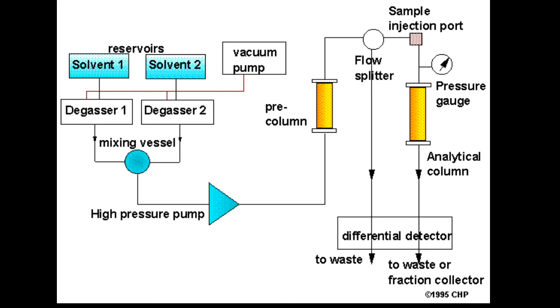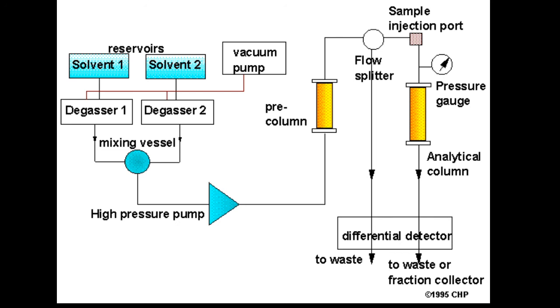Now we will see in short the procedure of how it works. First of all, the sample is dissolved in a suitable solvent, maybe the same solvent that is used as the mobile phase. Second, it is injected into the system. It gets mixed with the mobile phase, and then this mobile phase under high pressure flows over the stationary phase in the column, where the actual separation takes place.